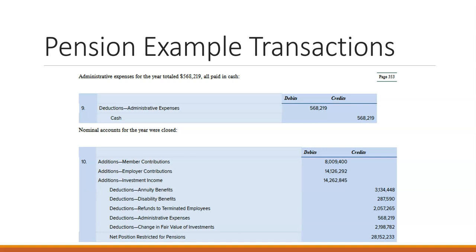These are the closing entries for the end of the year, and then we would be set to start the next year. After we close our entries, of course, we can make our financial statements.